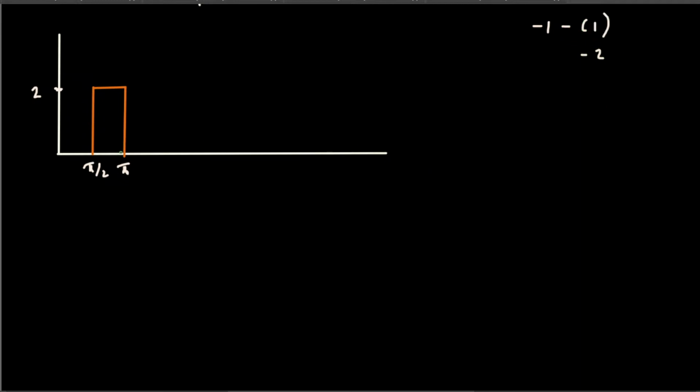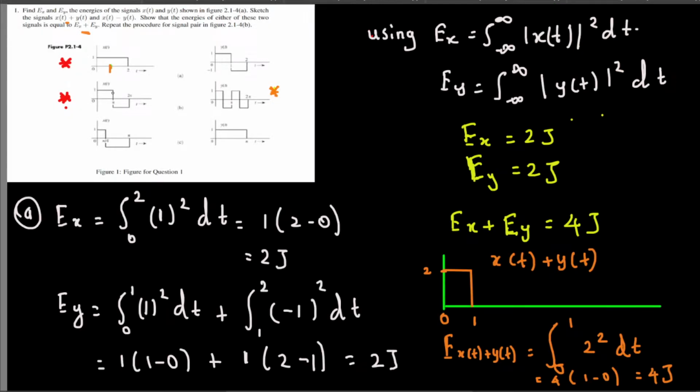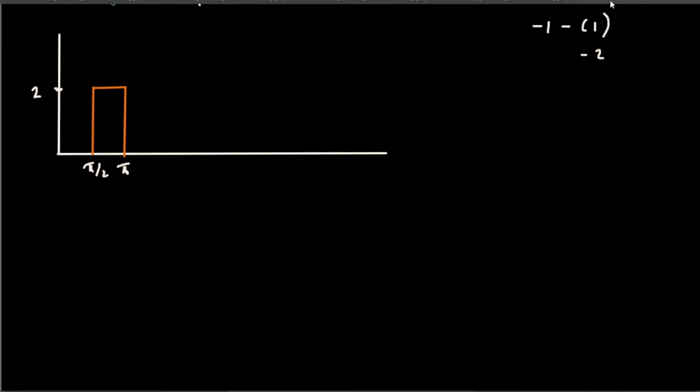So we have something at 5 to 3 5 by 2, minus 1 minus 1, that is minus 2.